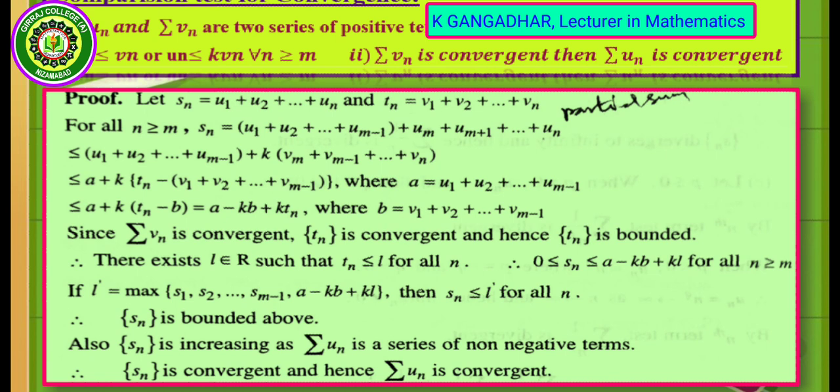So Sn is less than or equal to a minus kb plus k into Tn.